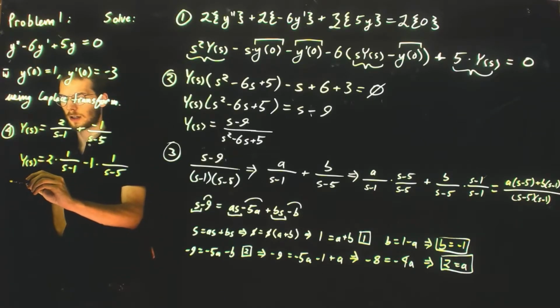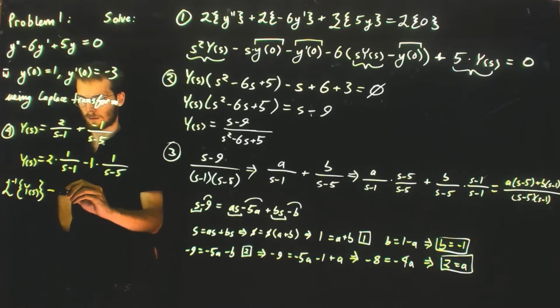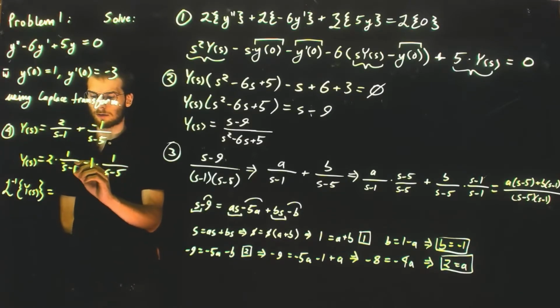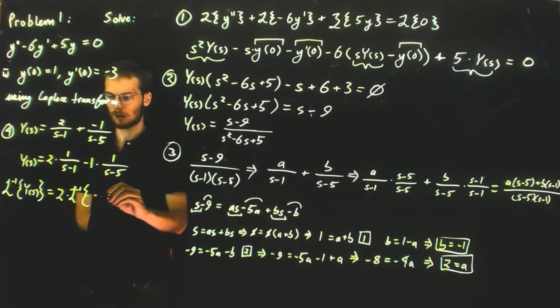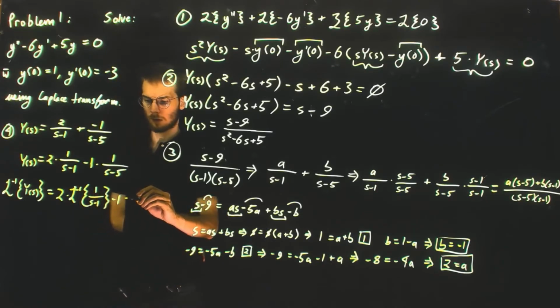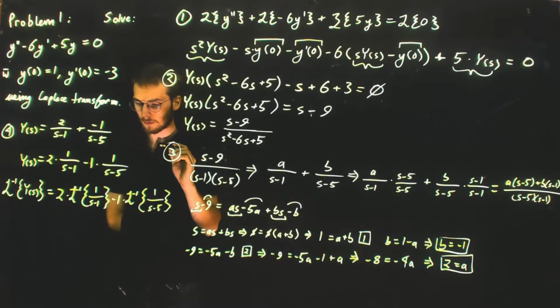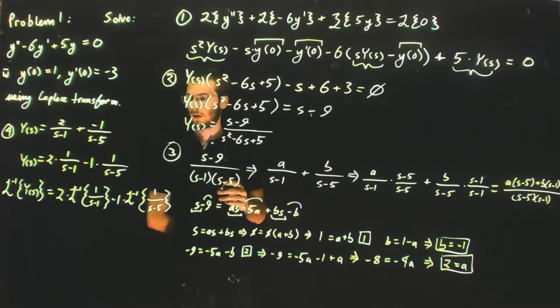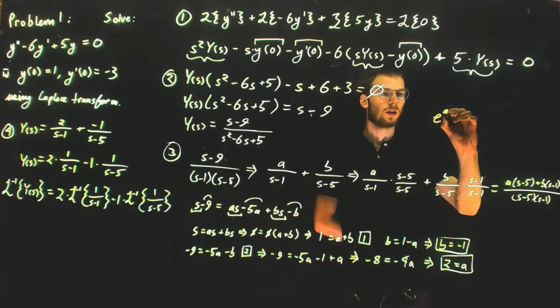And now what we're going to do is take the inverse Laplace of both sides. Because we factored out that coefficient, we can ignore it in the inverse Laplace transform. The Laplace transform that we need to use for this form is going to be like this.